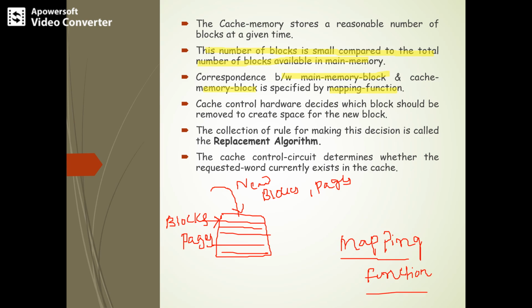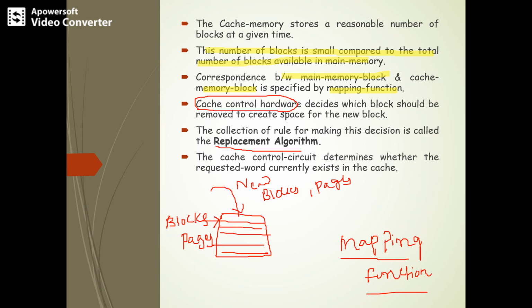In order to perform the mapping function, we make use of cache control hardware, which decides which block should be removed to create space for the new block. The collection of rules for making this decision is called the replacement algorithm. The replacement algorithm has a set of rules to decide which block needs to be removed from the cache.